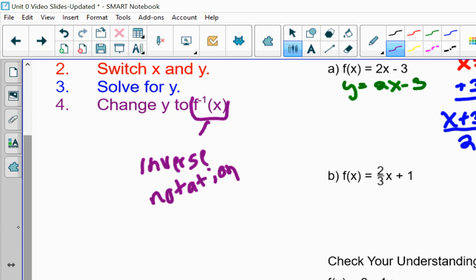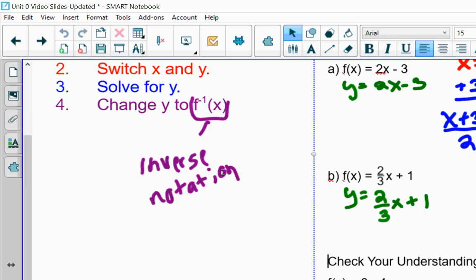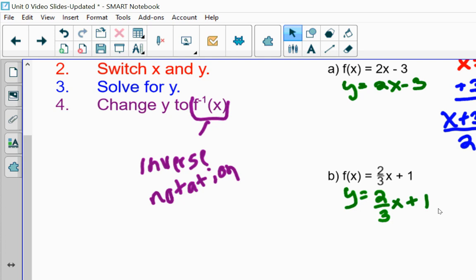So let's go ahead and look at this next example. Step 1, rewrite with y equals 2/3 x plus 1. And then step 2, switch x and y.